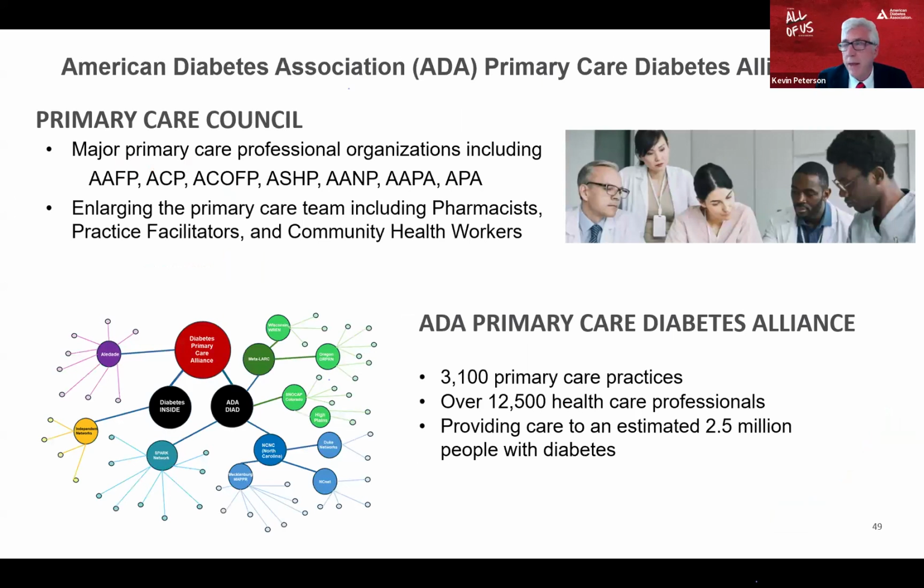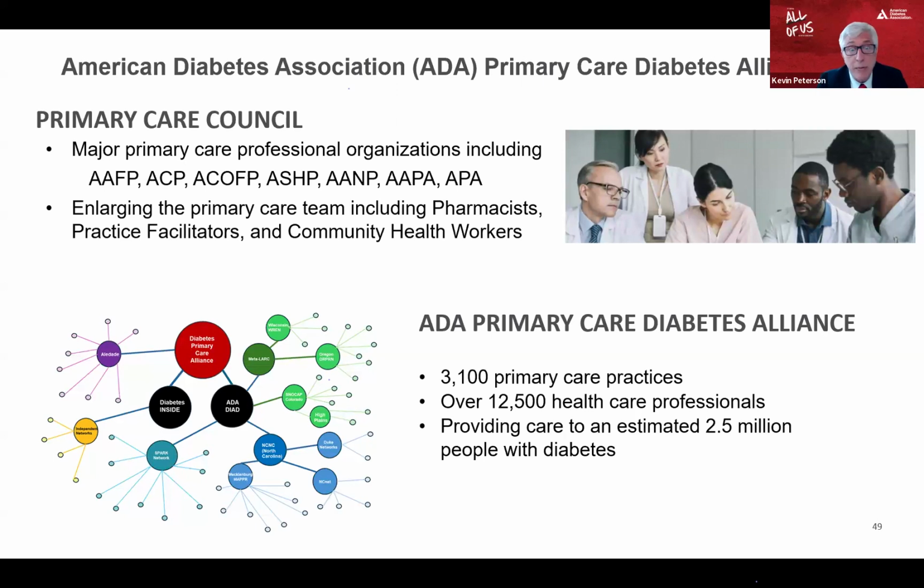In addition, the ADA is taking steps to scale this quality improvement activity to provide a strategy for national change in the delivery of diabetes care in the country's 85,000 primary care practices. By engaging the major primary care professional organizations in the Primary Care Council, the ADA is promoting the development of a single voice for primary care diabetes recommendations. That avoids confusion and conflict in the implementation of recommended care.